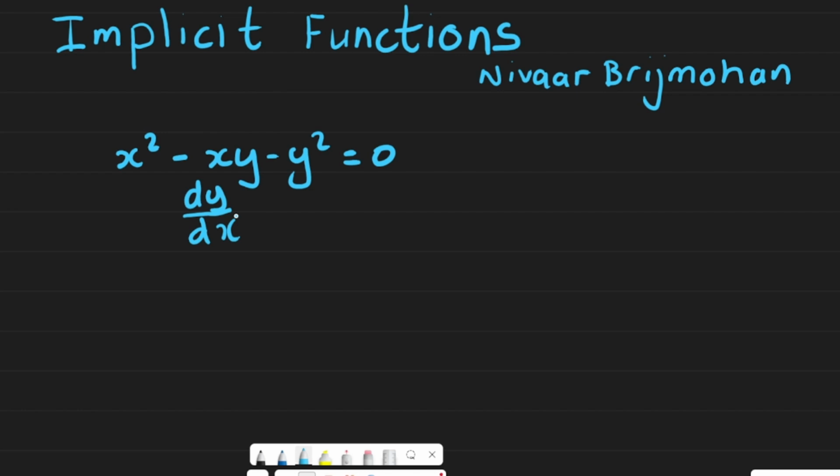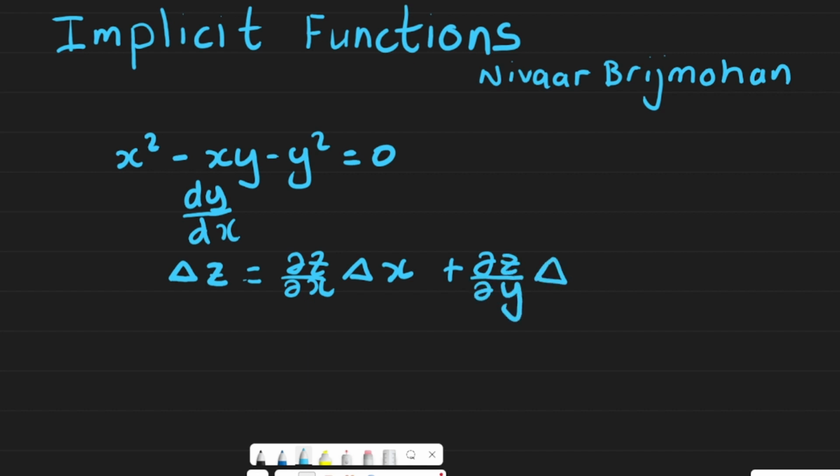Well, there is a way to do that, and it's to use our magic formula that we have derived thus far in the previous videos, and that is delta z is equal to dz dx times delta x plus dz dy times delta y.